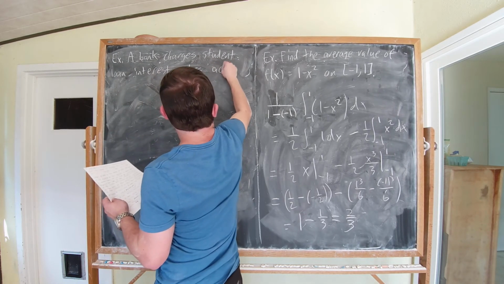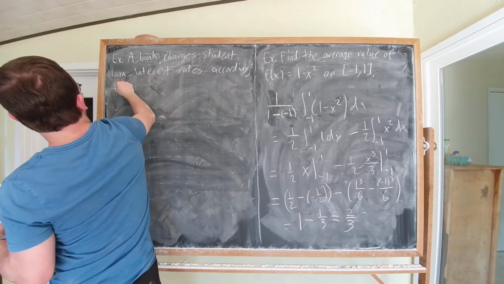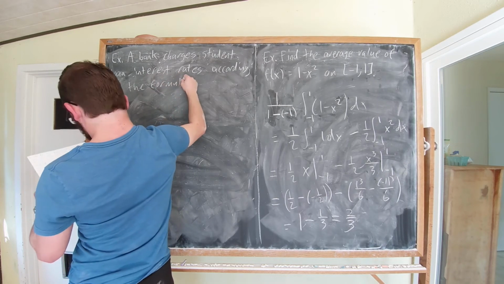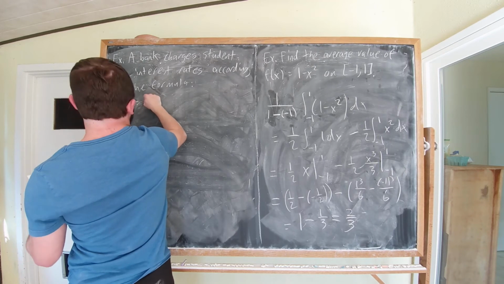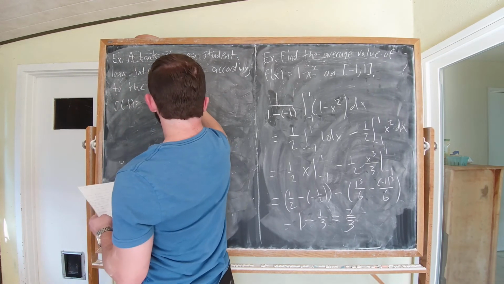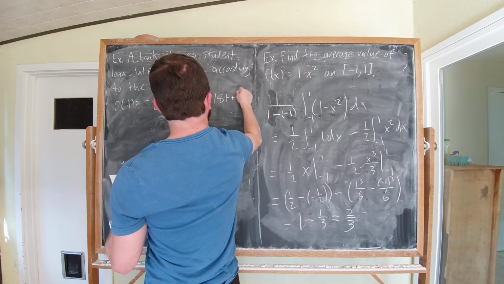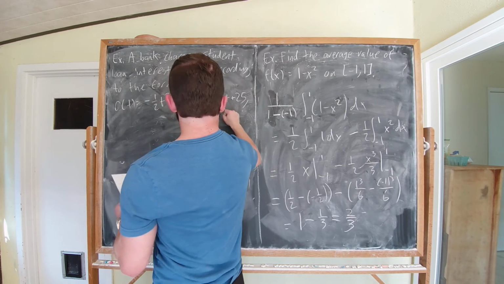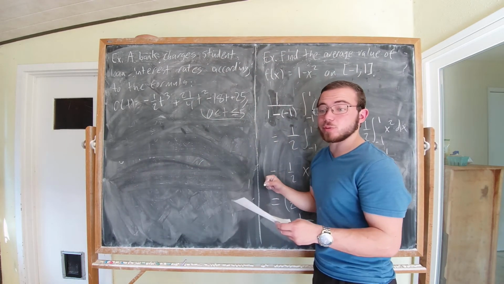According to the formula, R of t is equal to -1/2 t cubed plus 21/4 t squared minus 18t plus 25, where t runs between 0 and 5. So this formula is only valid for t between 0 and 5.